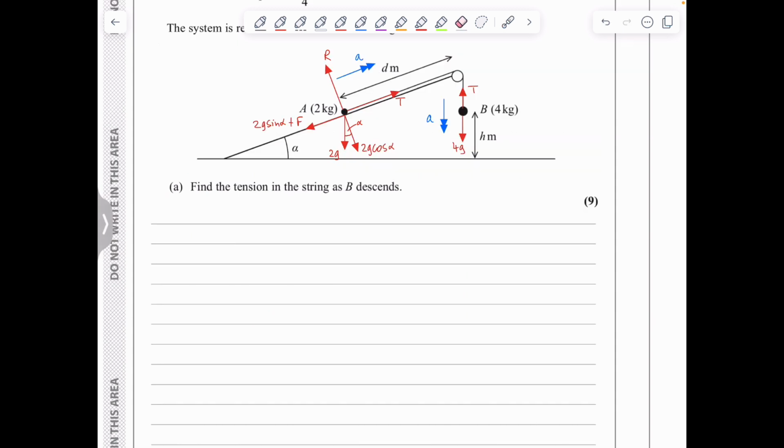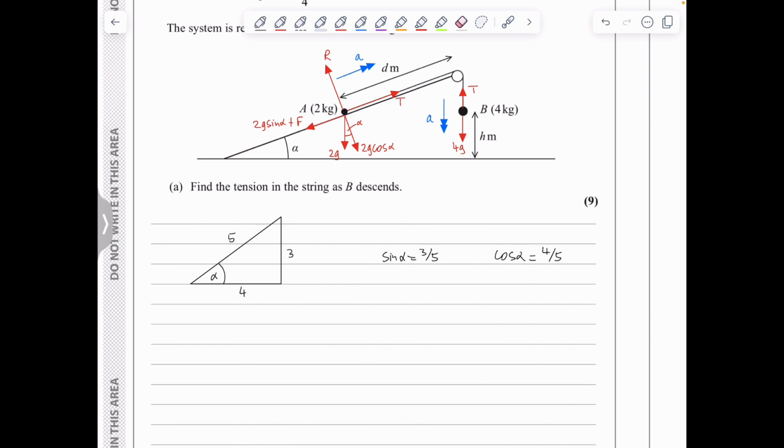Now we've been told that tan alpha is 3/4, so we are obviously looking at the 3, 4, 5 triangle, which means that sine alpha is going to be 3/5, opposite over hypotenuse, whereas cos alpha will be adjacent over hypotenuse, which is 4/5.